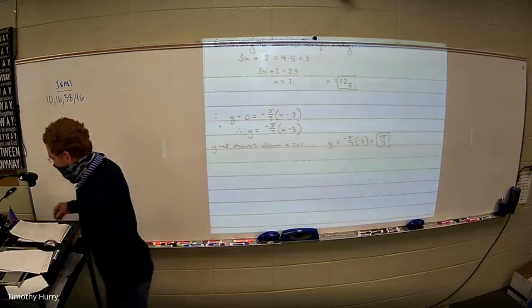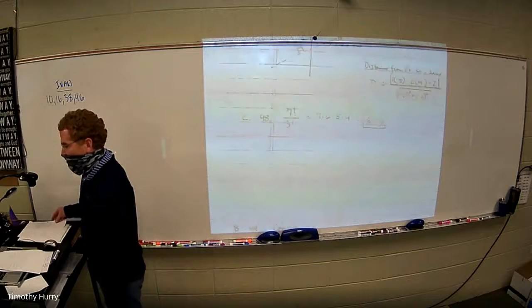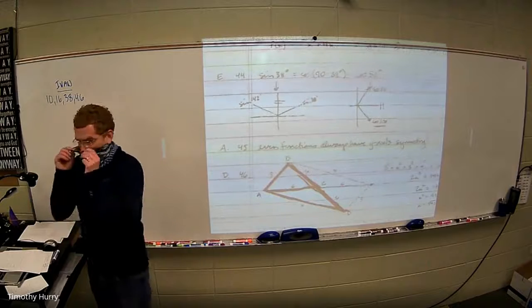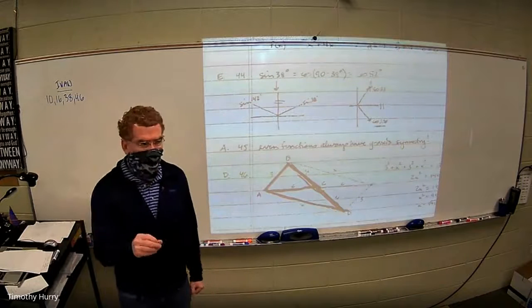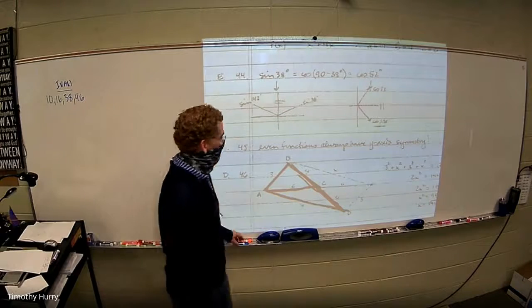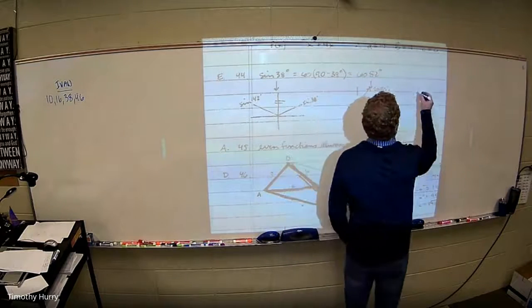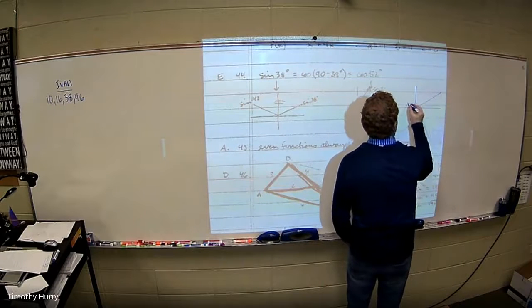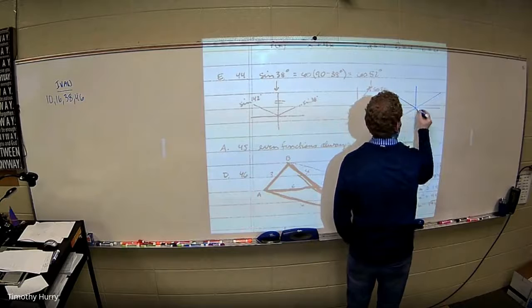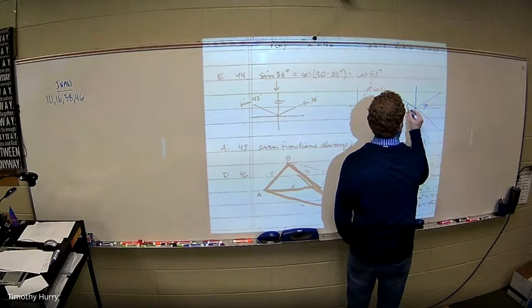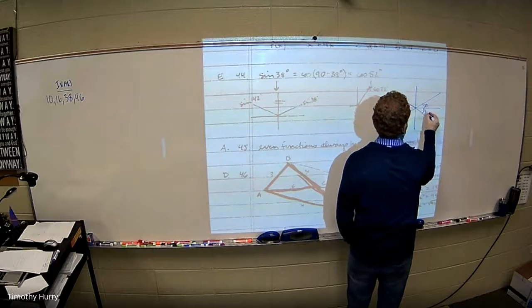On 44, what do you know about trig functions? If the reference angles are the same, a trig function is going to give you the same value. So if I say what's the same as sine of 38, the sine of 38 is going to have the same absolute value as everything that shares that reference angle. But those aren't the angles, right?